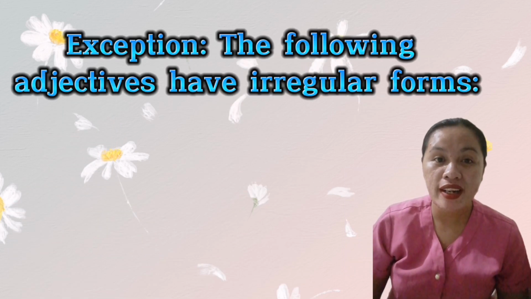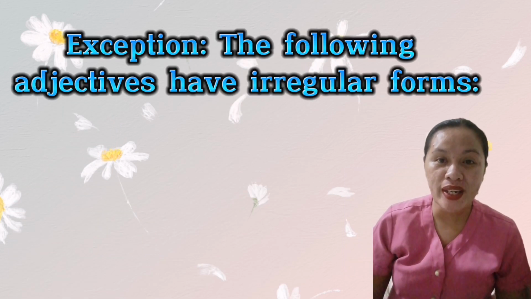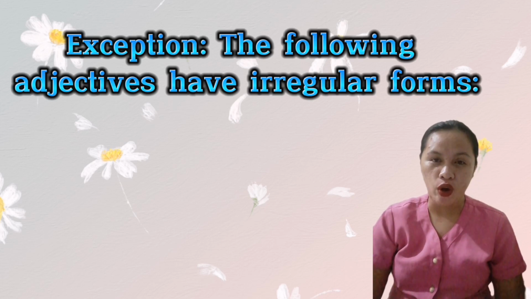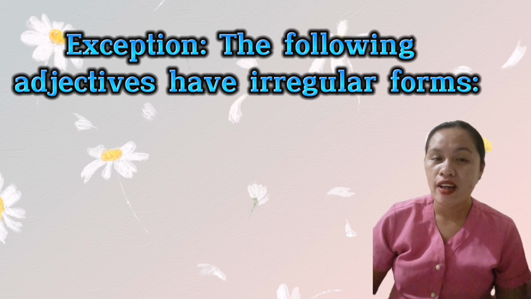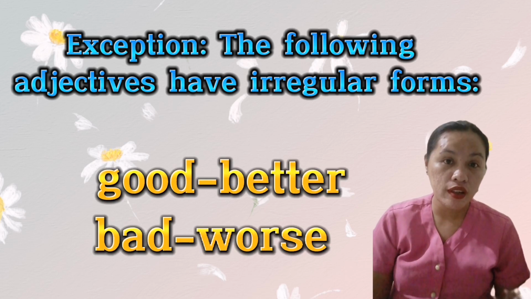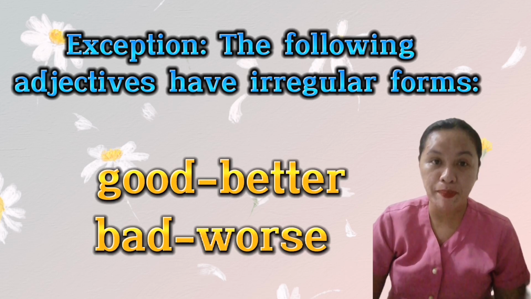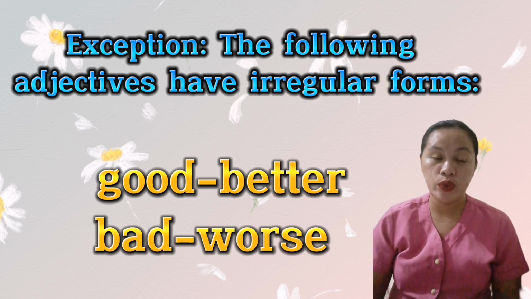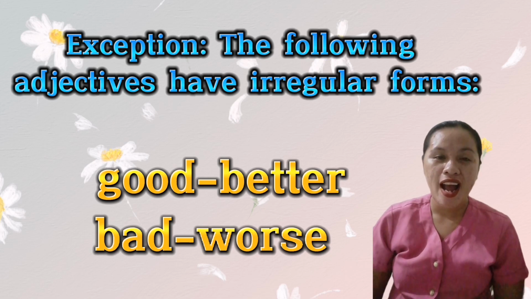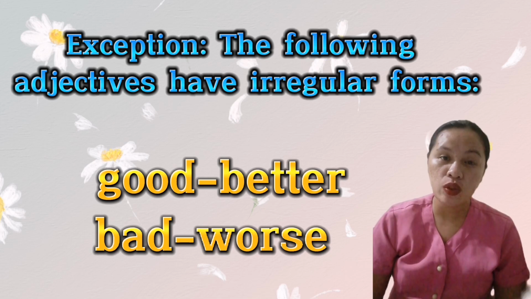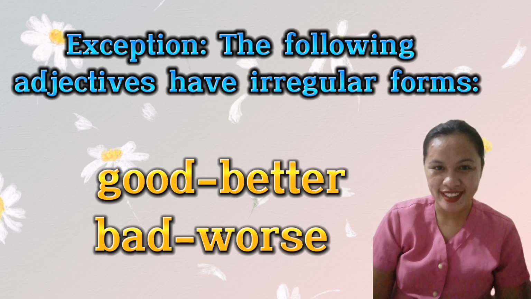There are words that are exceptions. The following adjectives have irregular forms. So when we say irregular, these are the adjectives good and bad. The adjective good, if you are comparing, will become better. And the adjective bad will become worse.